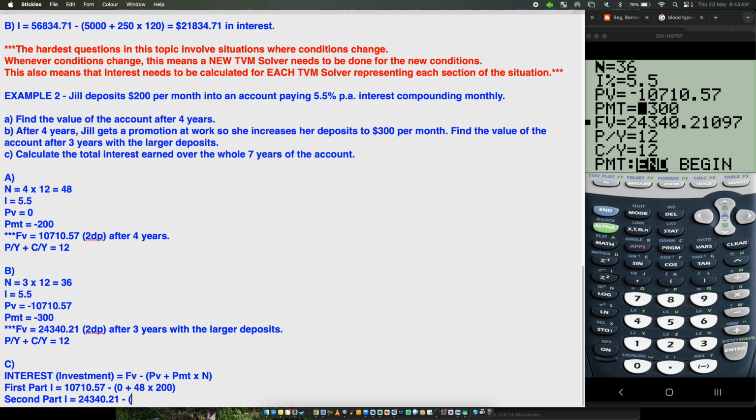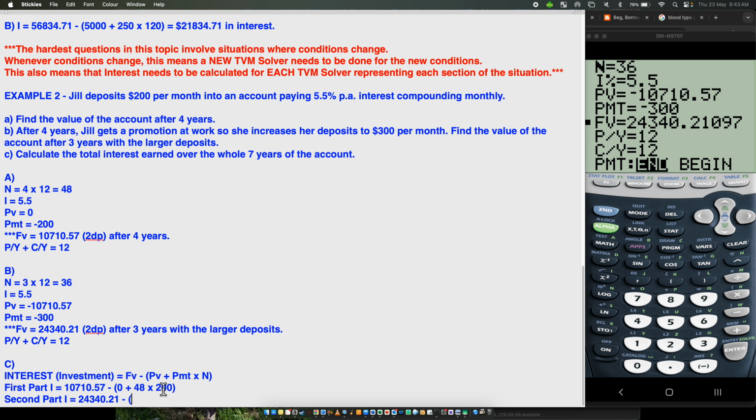Question? I think for the first part you did N and PMT around the wrong numbers. Yeah, it doesn't make a difference. What's 1 times by 2? 2. What's 2 times by 1? Still 2. Okay. Good spotting though, but it doesn't make a difference there.